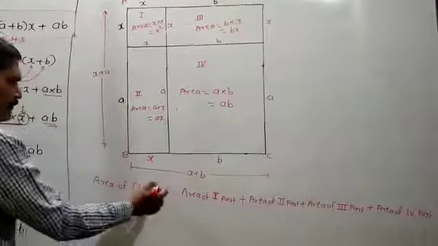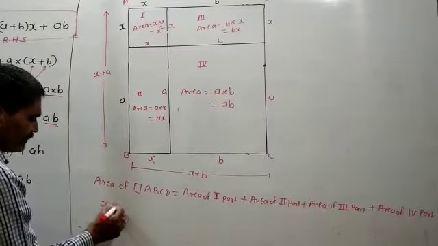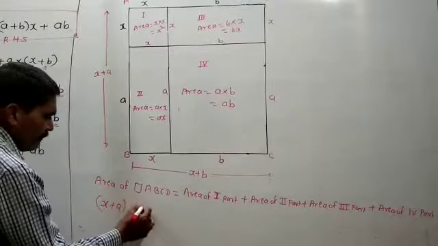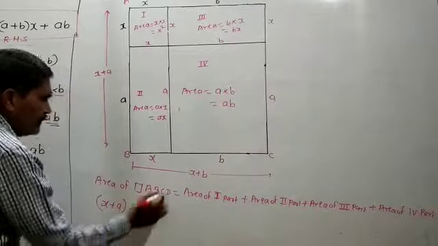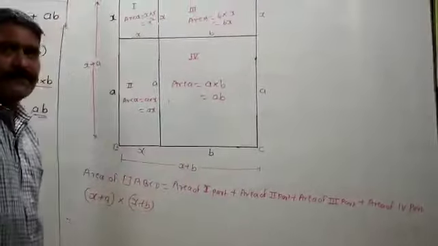Area of ABCD is also equal to the adjacent side product, x plus a multiplied by x plus b. These are the adjacent sides. This multiplied by this means the area of the whole diagram will come.